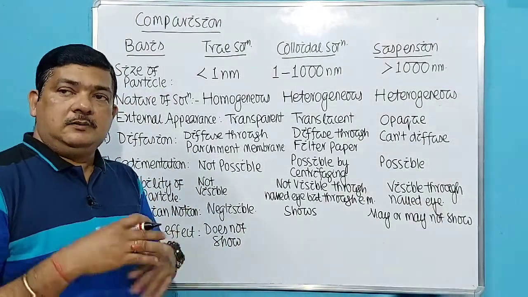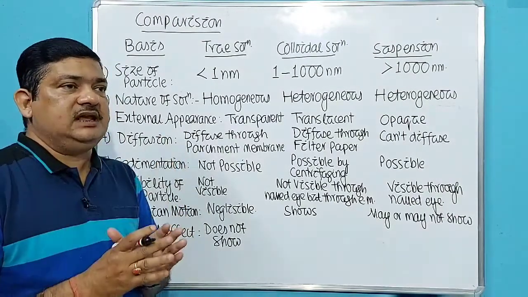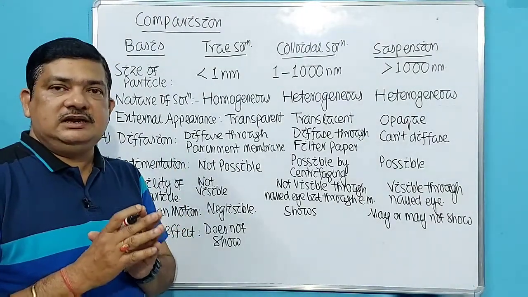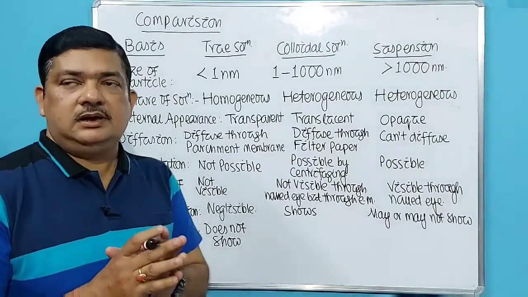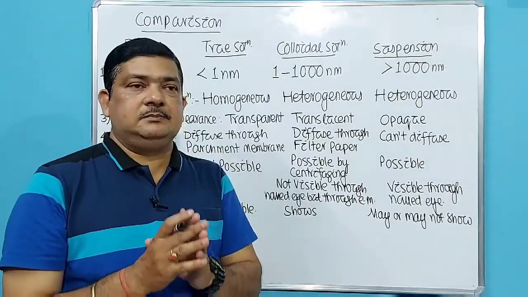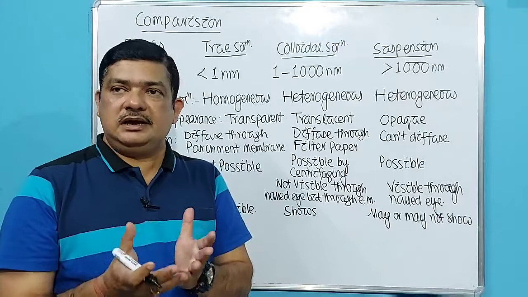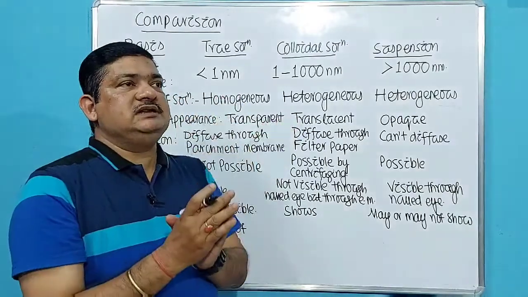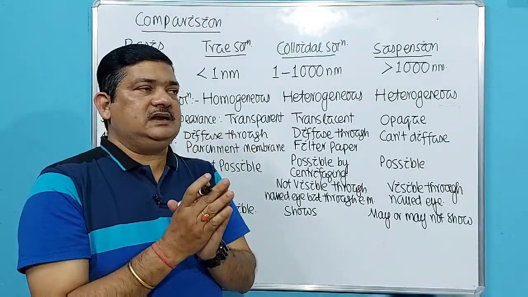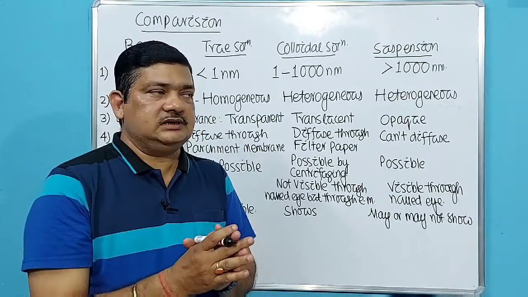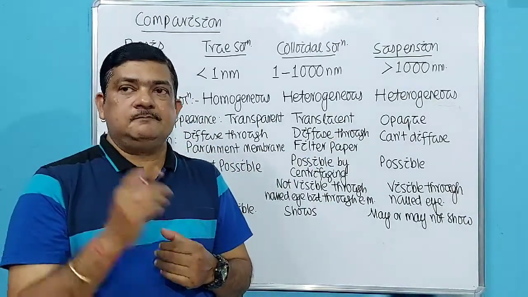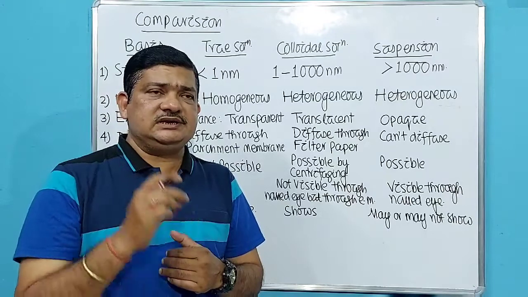Okay, later on I will be discussing these things in detail. For the time being, what is Tyndall effect? The illumination of the path of the particles by a light is called Tyndall effect. That means we can easily see the dust particles floating in the sunlight coming through the windows. How can we see it?